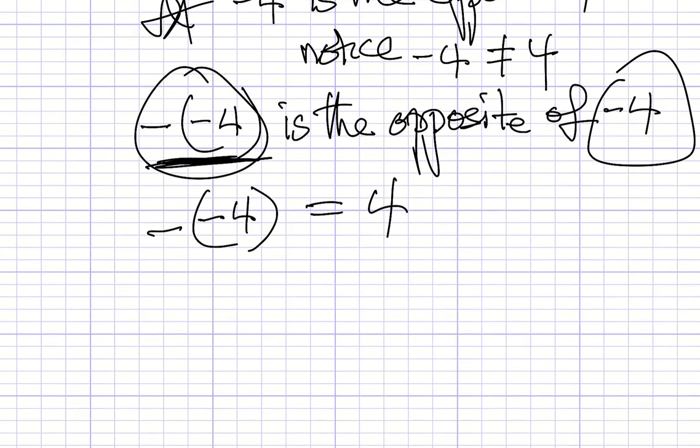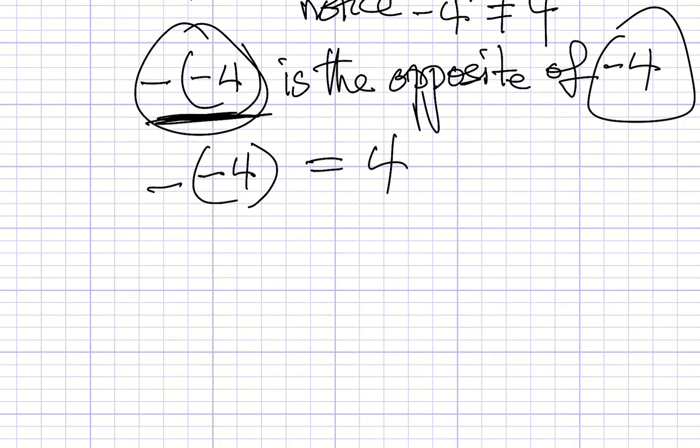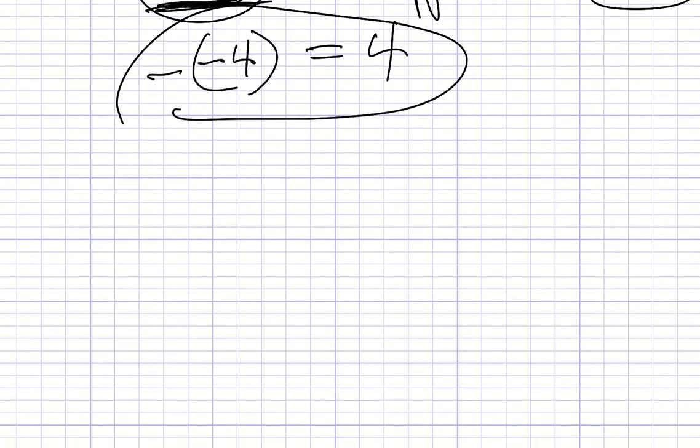Now, but check this out though. This idea here is called the double negation property of real numbers, right? Now, the best way to see it is when we do a couple of addition and subtraction using the real numbers.